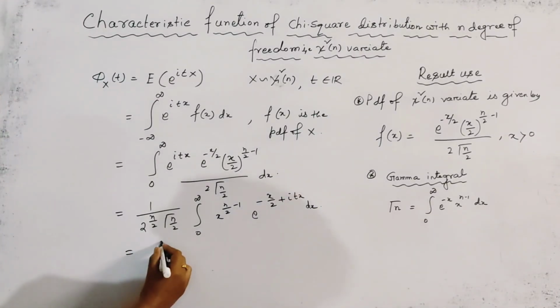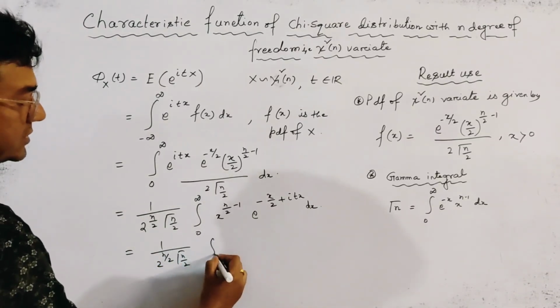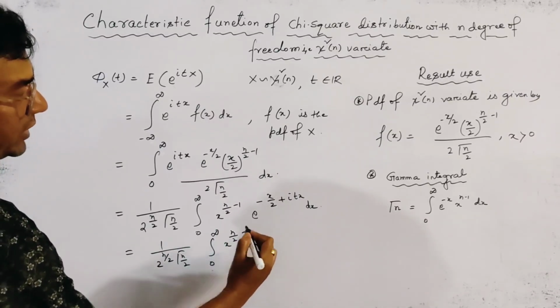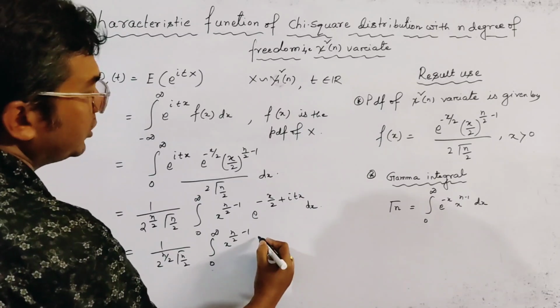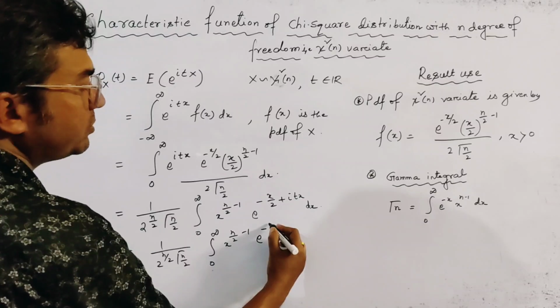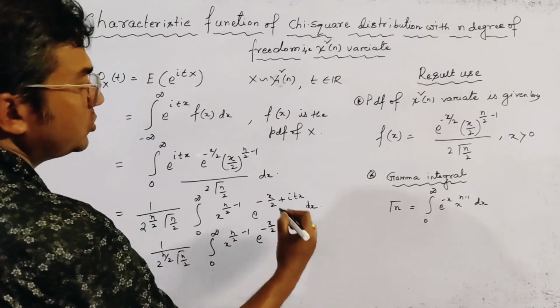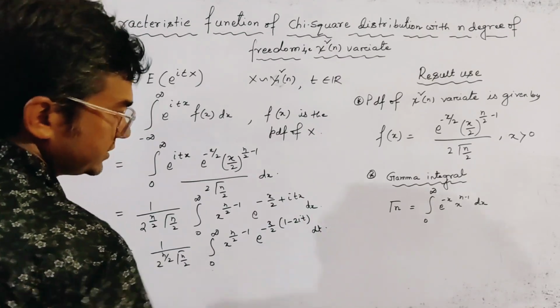Taking e to the power minus x by 2 common, we get x by 2 into 1 minus 2 i t, dx.